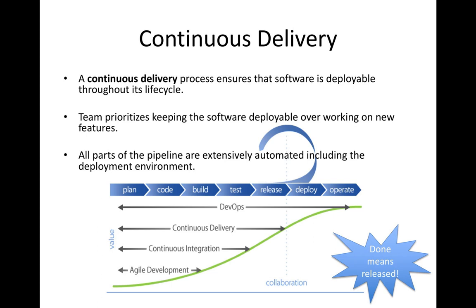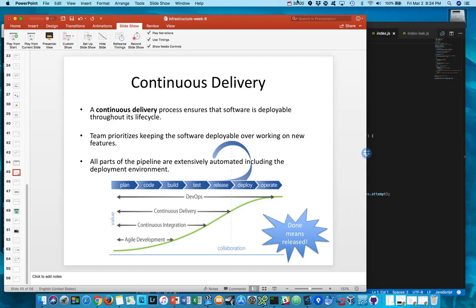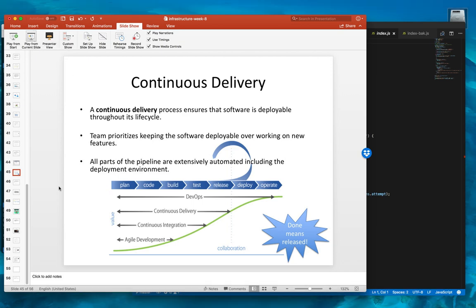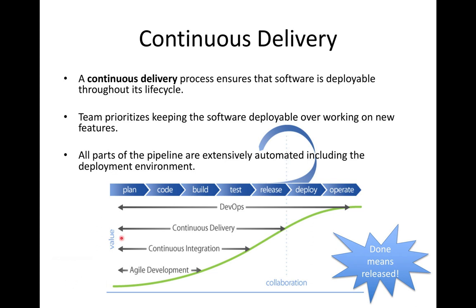So if you look at this diagram, let me enable my pointer here. You'll see that in the software development process, we might use something like agile software development when we're planning the requirements of our software. We're creating something like stories. We're using agile development for coding and building our software.